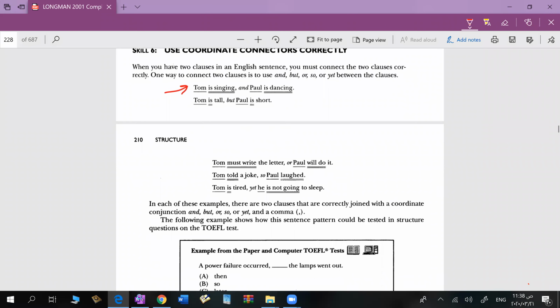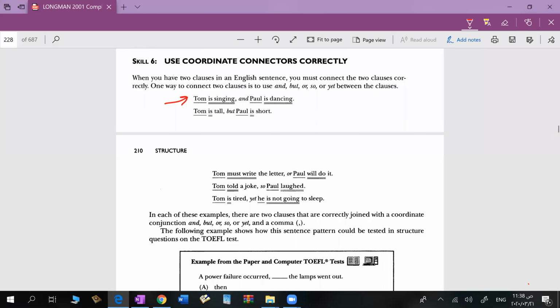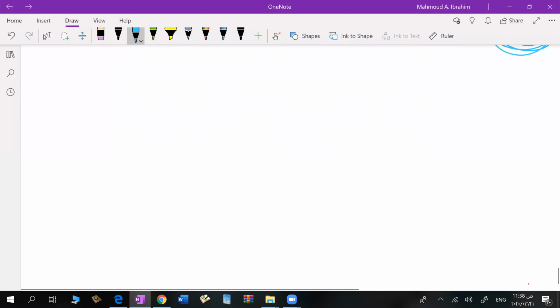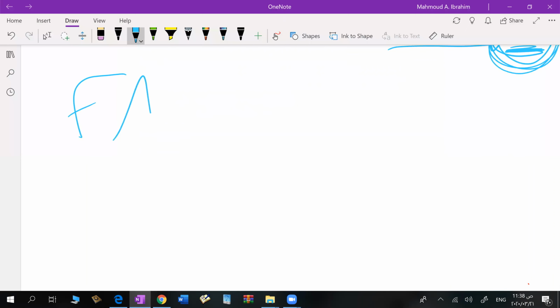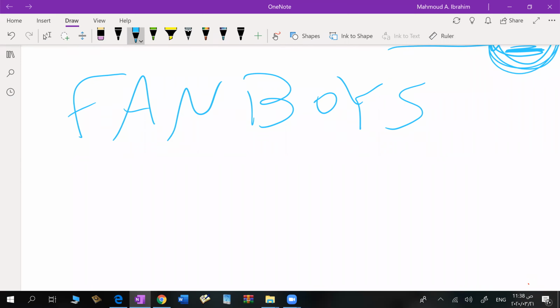So the first thing we need to talk about today is coordinate connectors, or they can also be called coordinators. Coordinators are fanboys.